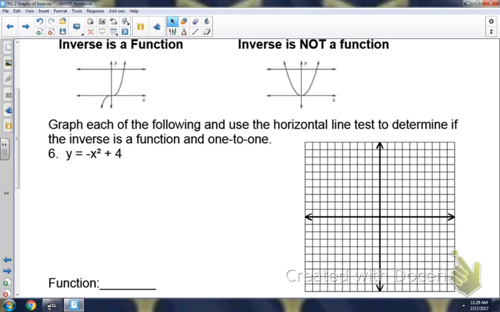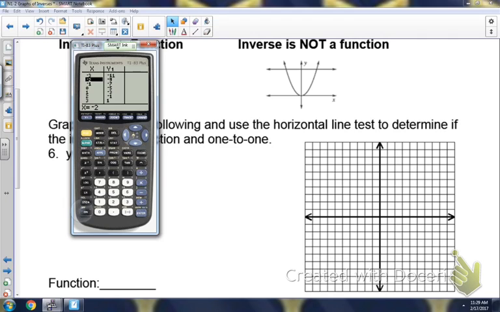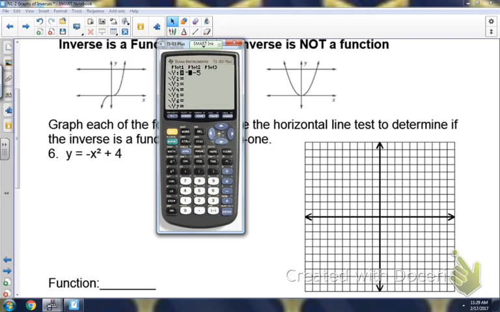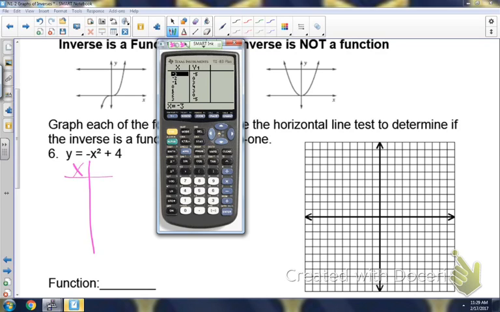Okay, so look at number 6. It's quadratic. So let's plug it in. Negative x squared means it's going to be opening down. Notice it opens down. We're going to go to the table. So we have negative 3, negative 5; negative 2, 0; negative 1, 3; 0, 4; 1, 3; 2, 0; and 3, negative 5.